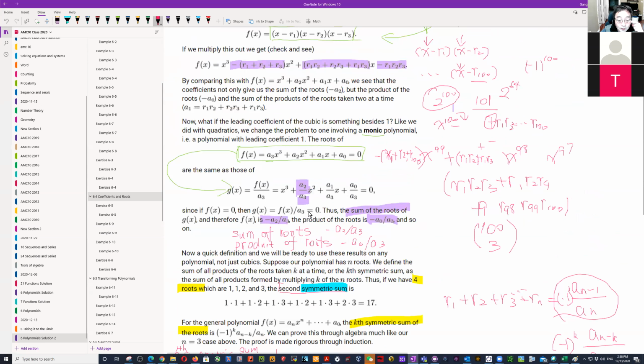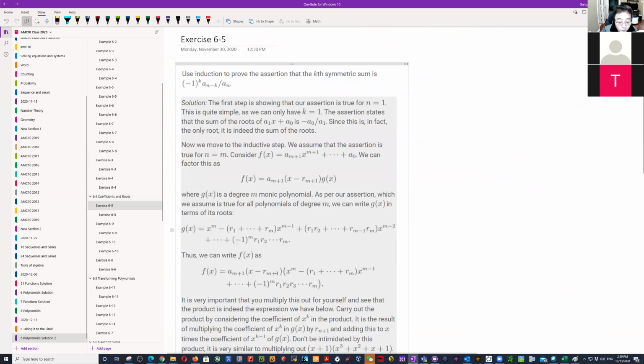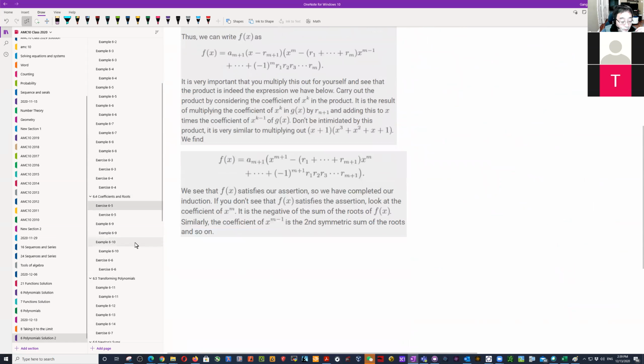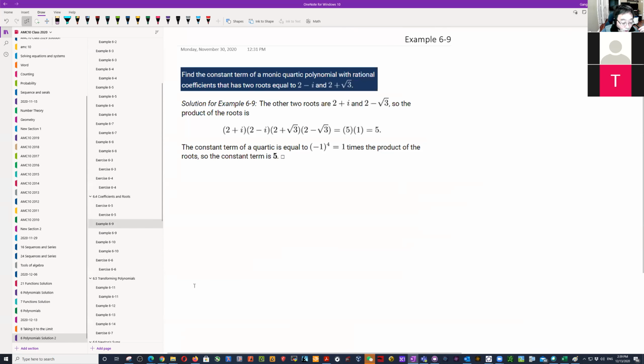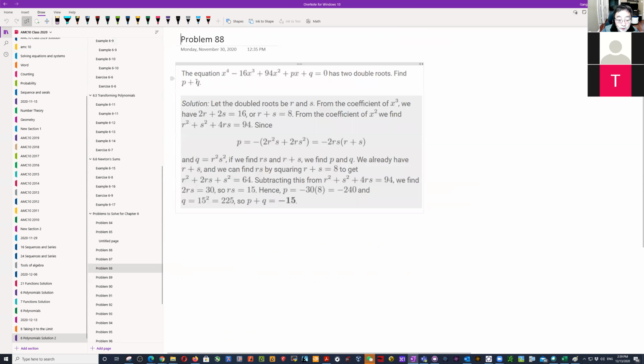Okay, so we get an understanding of how this formula, how this relationship is formed. It's based on the product of the root form, based on the fundamental theorem of algebra. So let's try to do the first problem.